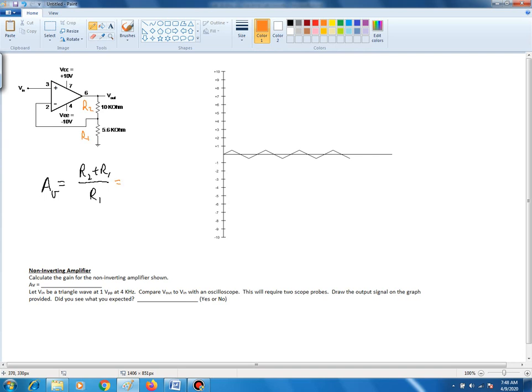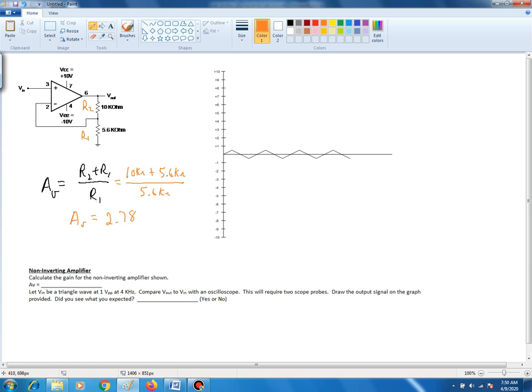So therefore, we have 10k ohm plus 5.6k ohm divided by 5.6k ohm, which gives us a voltage gain of 2.78.